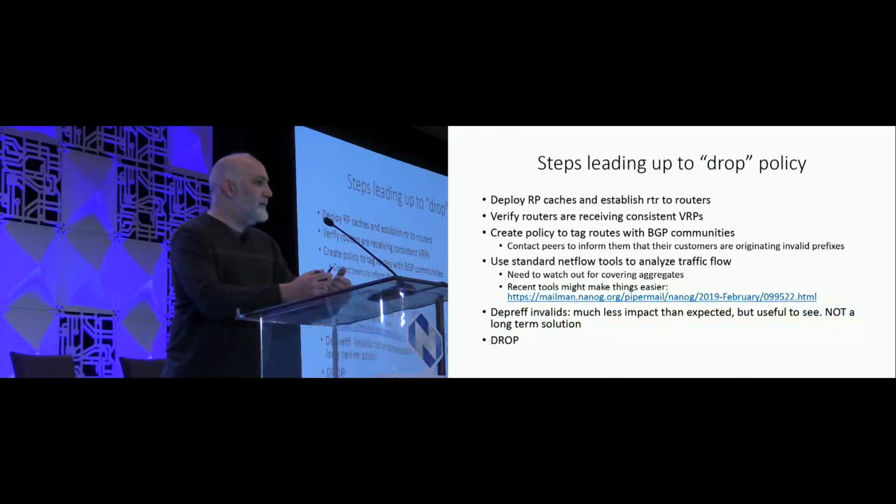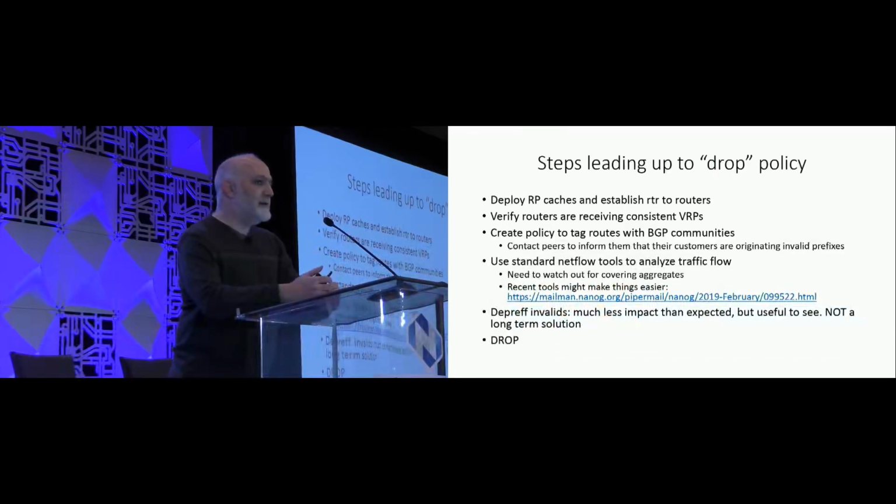We also started reaching out to several of our peers who had customers originating invalid routes and let them know, hey, you have customers that are doing bad things. We were trying to communicate out that this is going to be an impact at some point. One of the gotchas that the fancy new tools take into account, that we didn't have the opportunity to leverage, so we had to do it manually, is that you have to watch out for things that have a valid or unknown covering aggregate block.